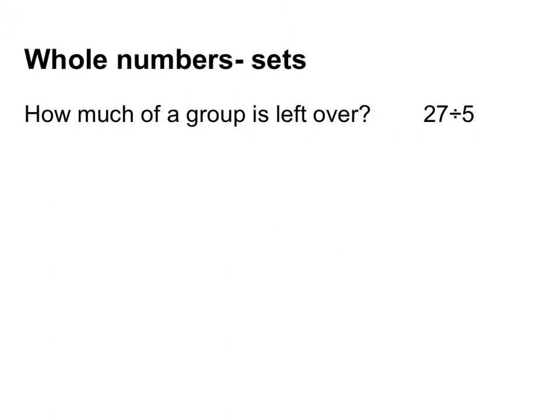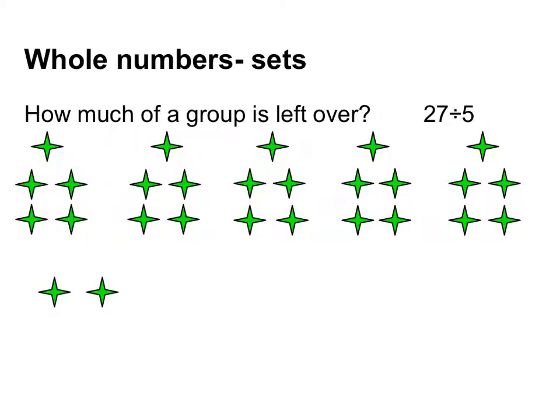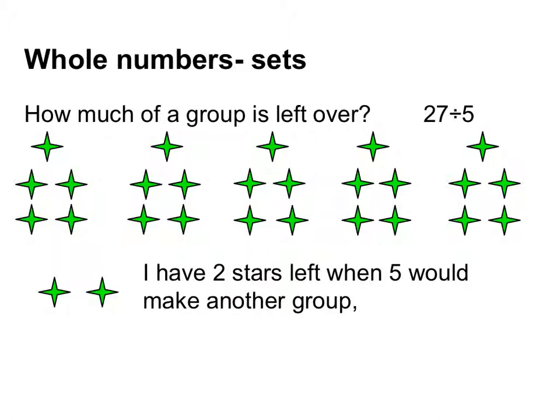So let's do sets. How much of a group is left over is really the question that we're asking. Here's 27 divided by 5. Here are my 27 stars. I group them into groups of 5, and if you notice down at the bottom here, I have these 2 hanging out. So I have 2 stars left over, and what I want to think about is how much of a group that is.